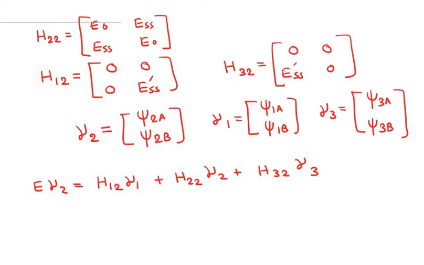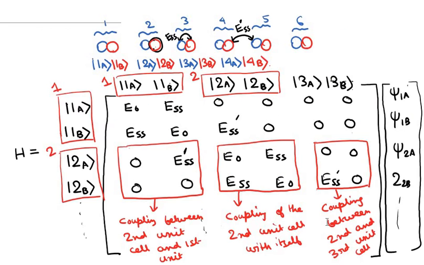So if you want to understand this, just go back to this matrix format, and you can see that for these two rows, this submatrix is multiplied by this submatrix over here.